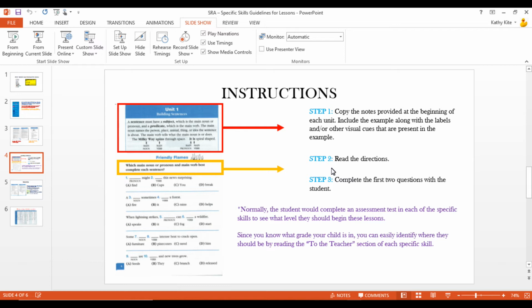Anytime you're reading in these books, I find it very important to read out loud.